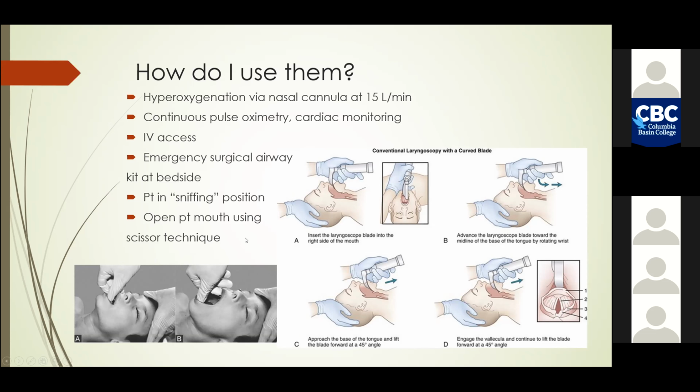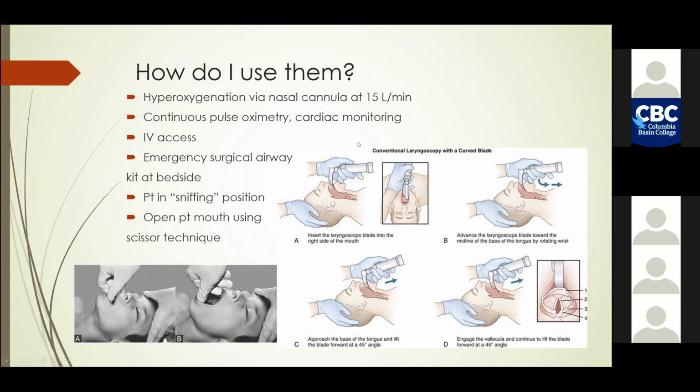The easiest way to get the patient's mouth open is not spreading the fingers apart, but using this scissor technique, as you can see at the bottom in this gray picture. Crossing the pointer finger over the thumb gives you more strength, and it's easier to open the patient's mouth that way.